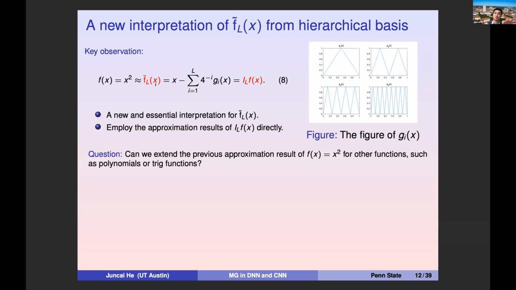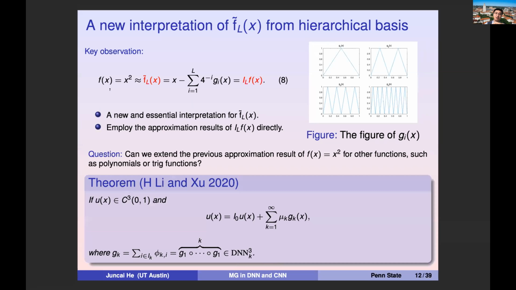We can construct something like this: if we have some u(x) that can be written with g_k with the same definition, then because here, for any decay of mu_k, this sequence will converge to some function in H1. Then you can approximate this u(x) by using a DNN again very efficiently.